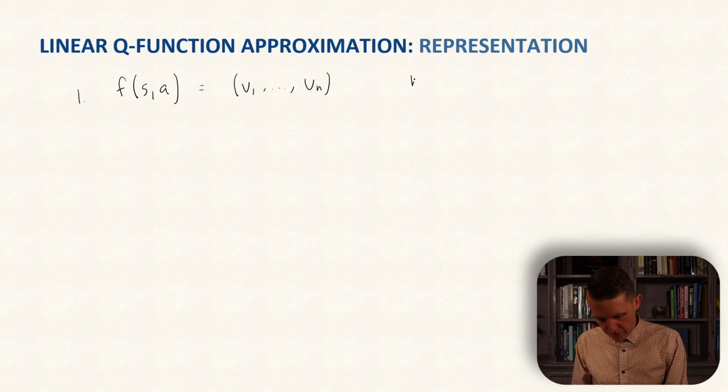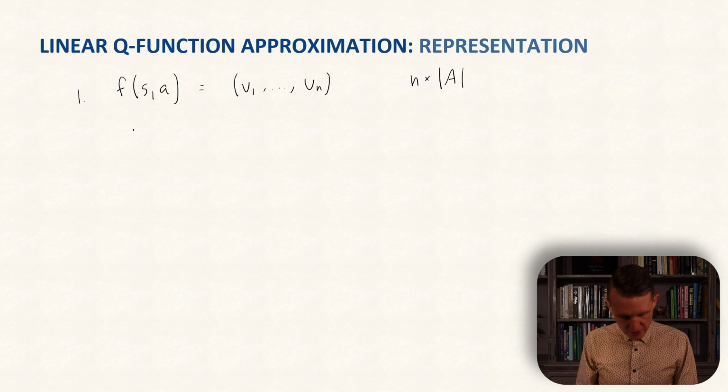This will be a vector of size n times a, where n is the number of features that we've selected and a is the number of actions that we have in our MDP. So f(s,a) extracts the value of a feature for the state action pair (s,a). We use the notation f_i(s,a) to extract the ith feature.